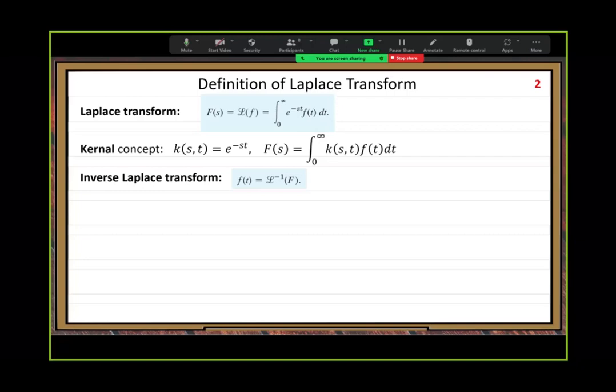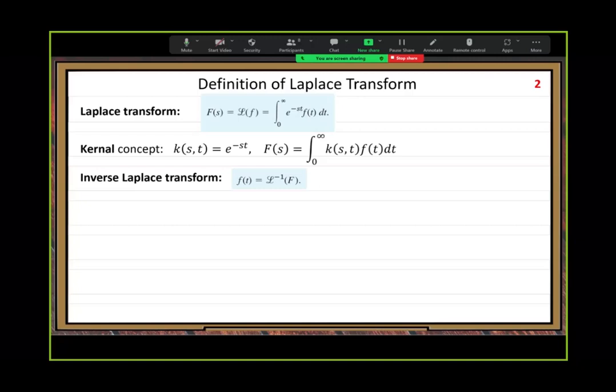After we have the Laplace transform, we just go in the opposite direction, because this capital F corresponds to that little f. When we apply an inverse Laplace transform, we get that little f. The definition of this inverse is not explicit. We cannot see the formula for it.